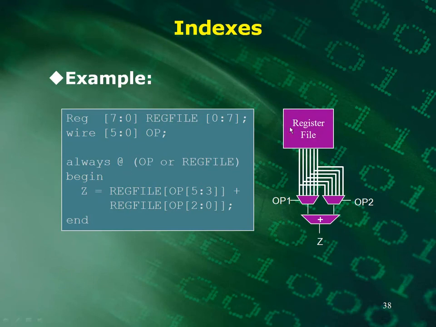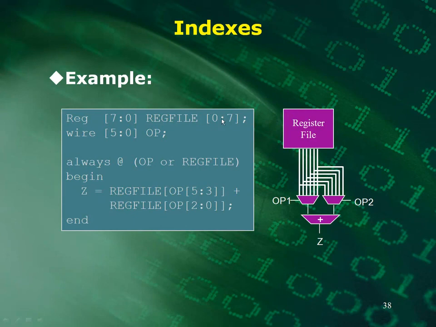So anytime anything in the register file changes, or anytime this variable, op, changes, we come into here. And the output then, I said, is based upon this function. So I said reg file of the upper 3 bits of op. Okay, so if I've got 3 bits, I can select one of 8 locations, right?